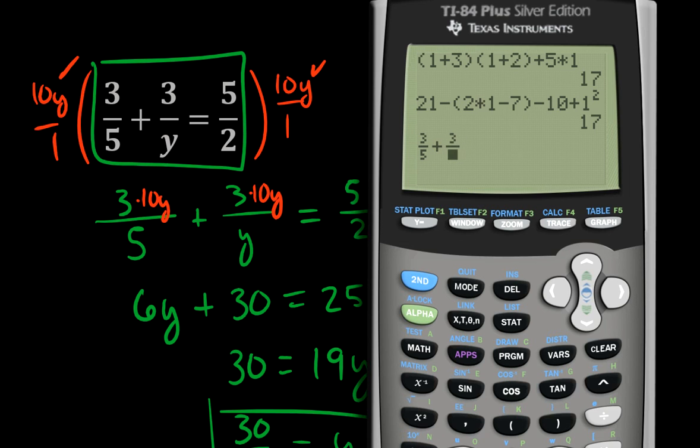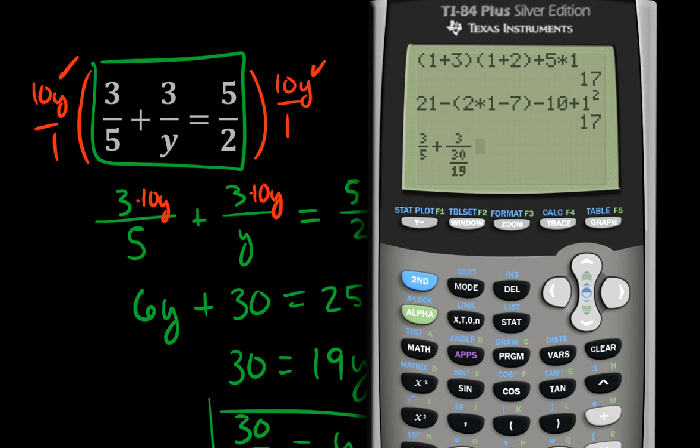I'm feeling very comfortable with this calculator. Let's see, second fraction. I did do it. So I'm going to put 30 and then over 19 because that's what I believe y is. And when I press equals, I should get the number 5 halves. And at 5 halves, it's 2.5, right?